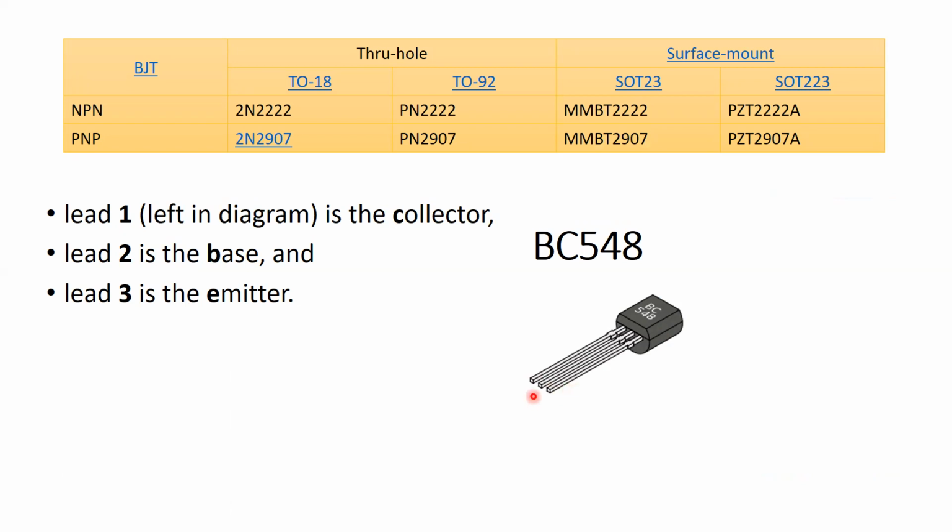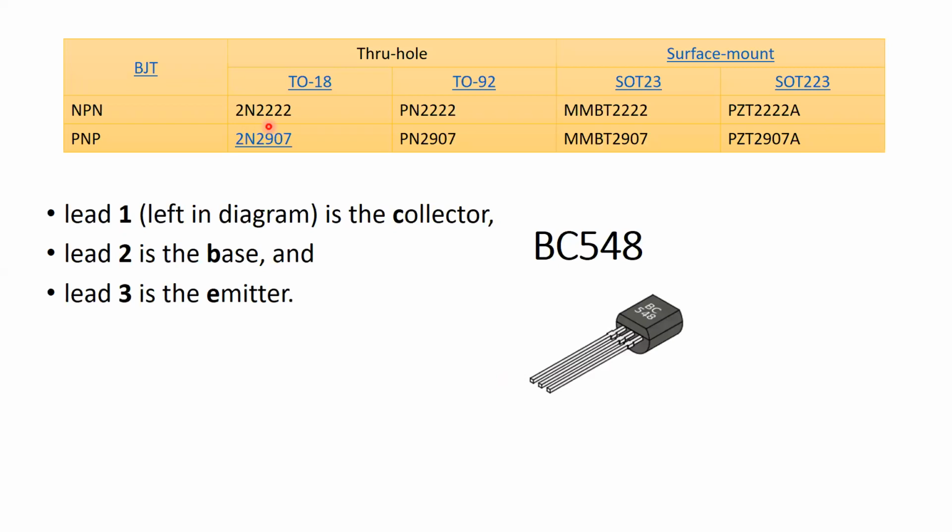Then next, the middle one, is the base, and lead three is the emitter of the transistor. Now, you have this table which shows the BJT, whether NPN or PNP. If it is a metal can package, which is also called through hole, whether it is TO18 or TO92. So there are these types of part numbers.